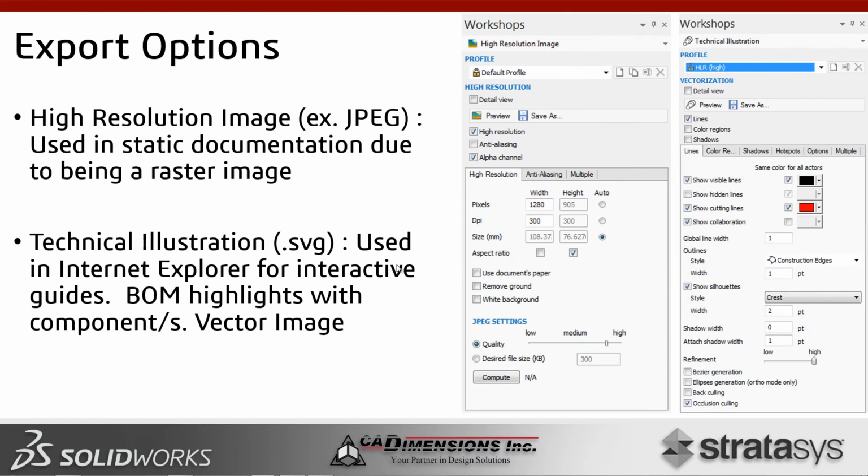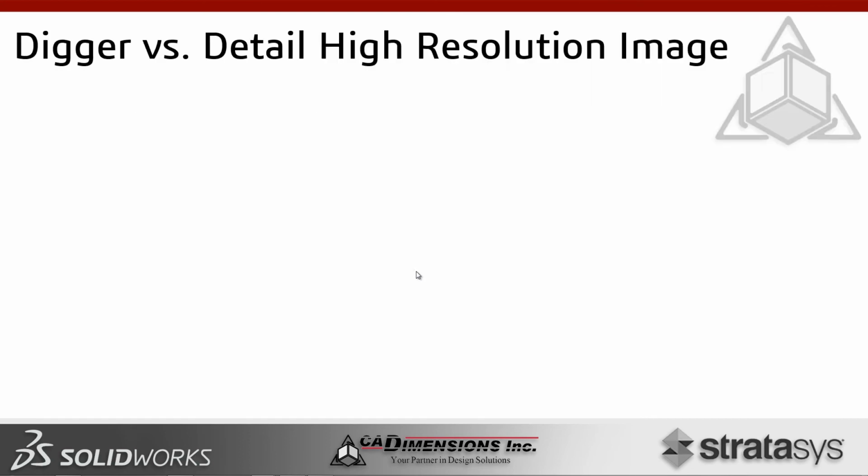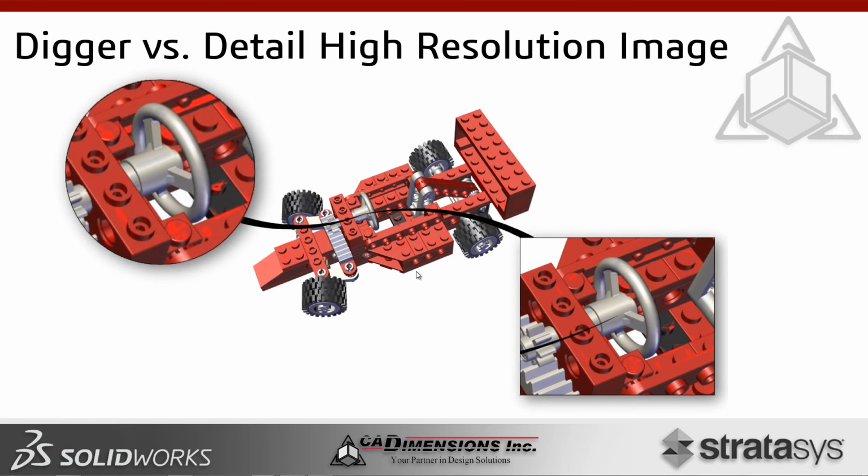So we talked about our different export options here, but you know how I just mentioned the digger versus the detail view in a high resolution image? This is what the difference looks like. The top left is a digger captured 2D image, and the bottom right here is using a high resolution detail view image. The quality is much, much higher in that high resolution image.